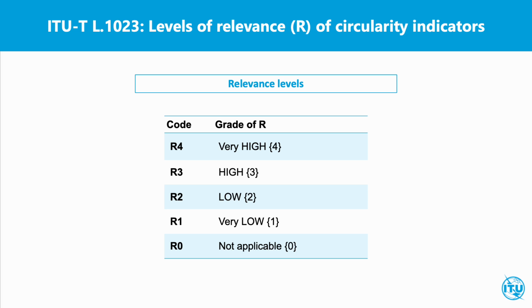This approach ensures the assessment is tailored and proportional. For example, battery longevity may be highly relevant for mobile devices, but not for fixed equipment like servers. By using a clear and consistent scale, the recommendation helps designers and stakeholders prioritize efforts and improve comparability across product types.